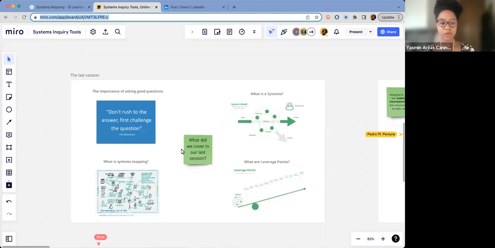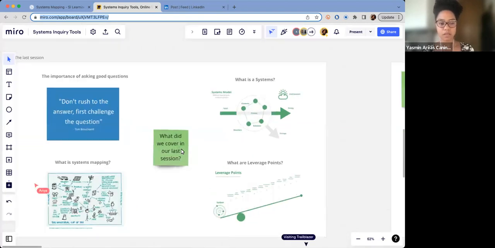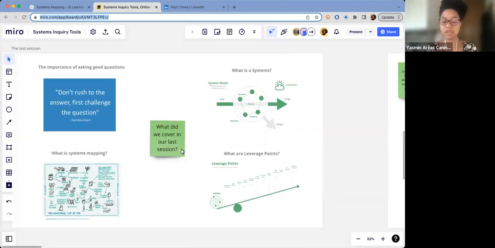So what did we cover last week? These were the 4 main points that we tried to illustrate in this session last week. The first part is the importance of asking good questions, right? And this is one of the quotes that we addressed last time: don't rush to answer, first challenge the question. This is a very important thing to understand.